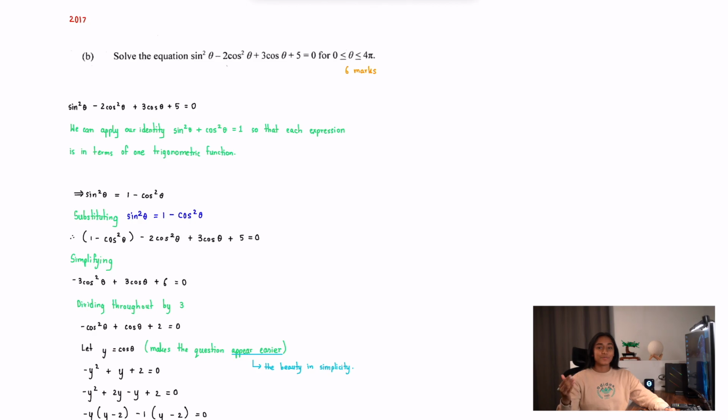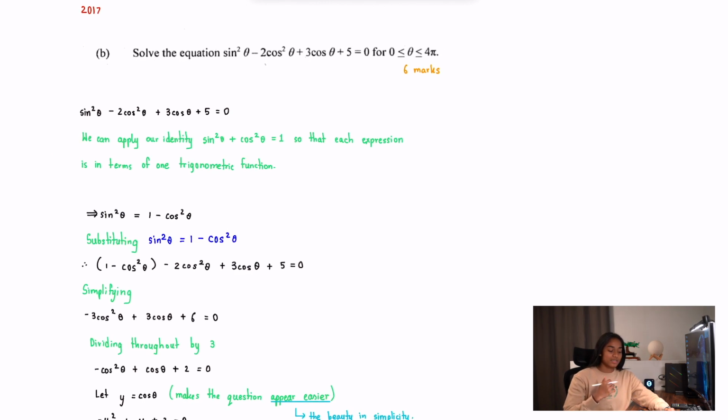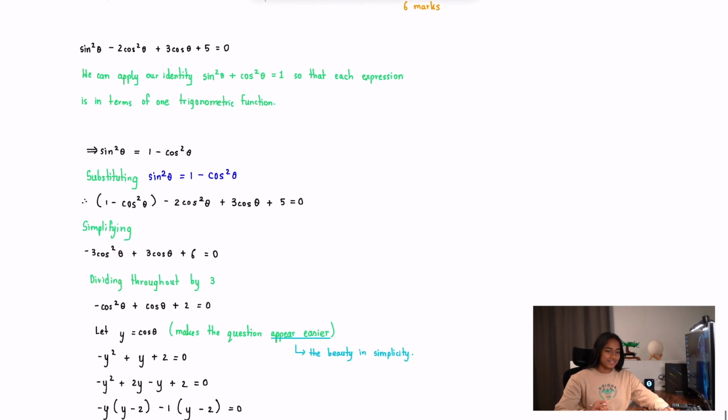The next past paper we're going to look at is 2017, and this asks us to solve the equation sine squared theta minus 2 cos squared theta plus 3 cos theta plus 5 is equal to 0 with these constraints. That will give us 6 marks if we get it correct.